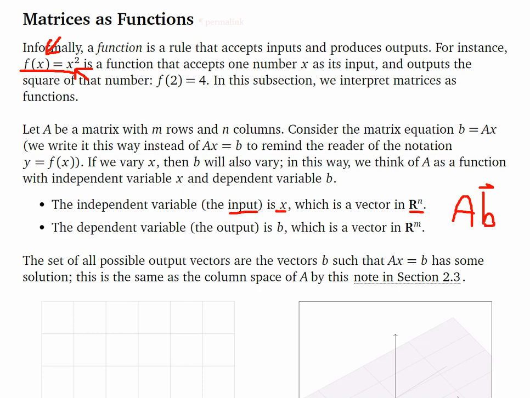So we know that the domain is always Rn, and the codomain, or the place where the vectors b are, I'm sorry, this should be an x, and the b's over here. So the vectors x have to be in Rn, and the vectors b, just by the definition of how we multiply, have to be in Rm, whatever the number of rows in the matrix is.